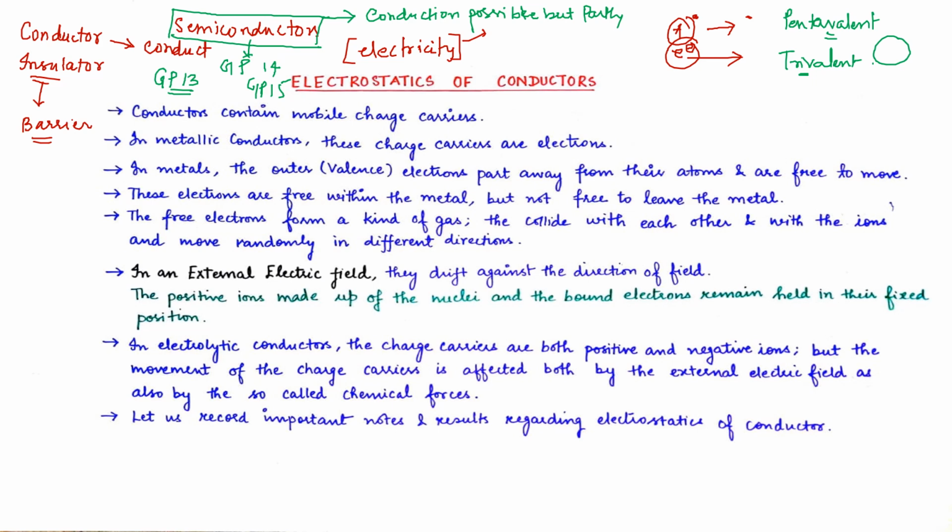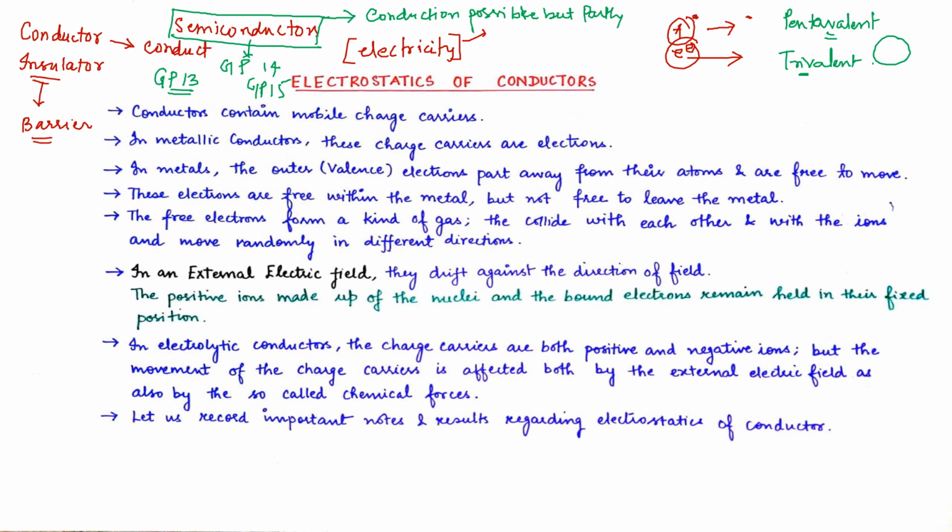Once doped, it will show the behavior of a conductor. There are many basic differences between semiconductors and conductors, like their temperature dependence and pressure dependence, and the way they behave is different.